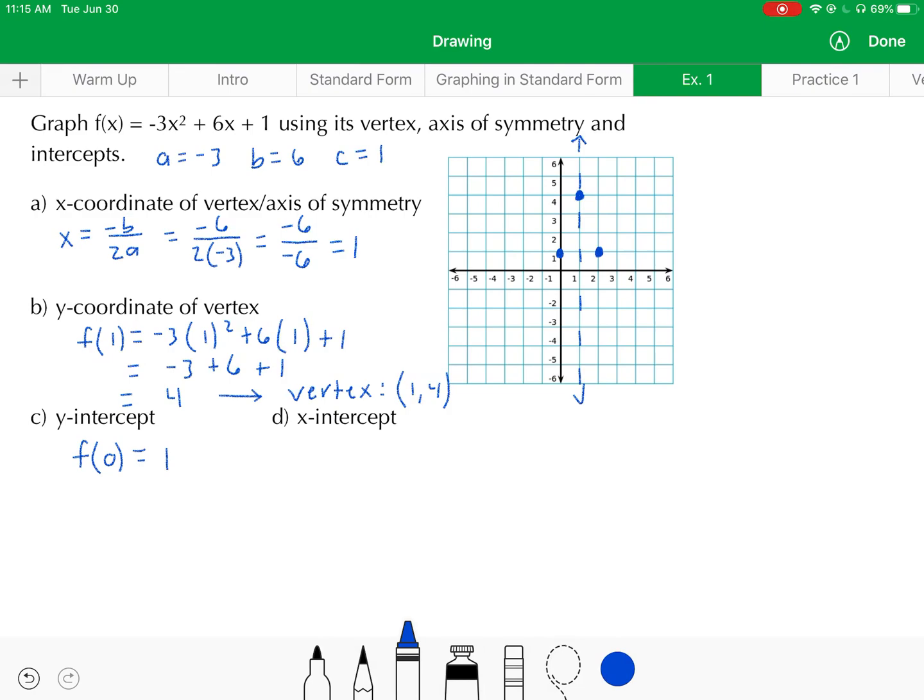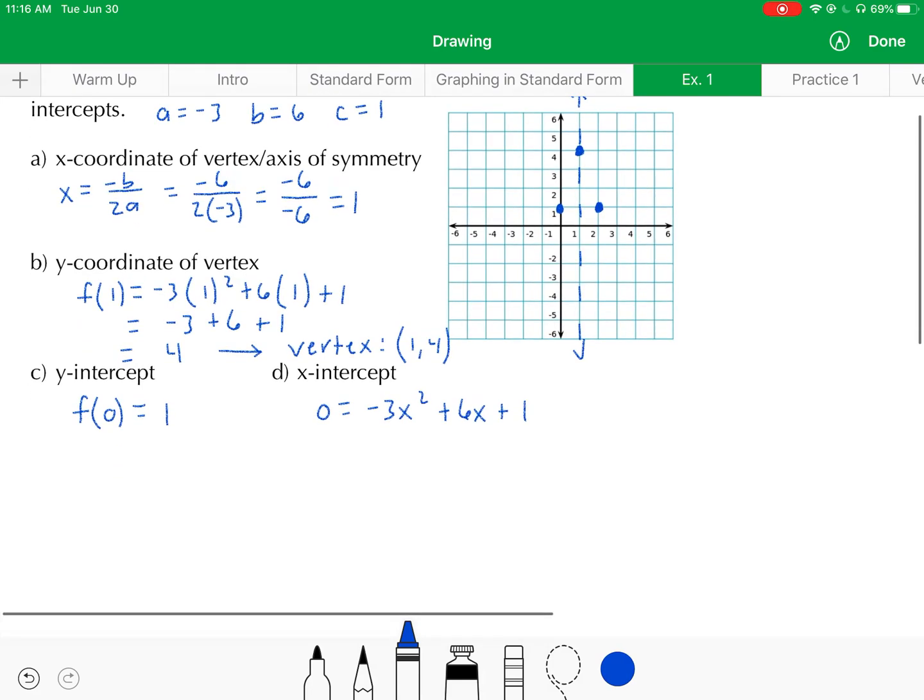Now, next we want to find our x-intercepts. Our x-intercepts would be found by solving this equation, setting the equation equal to 0. If the right side factors, that would be ideal.